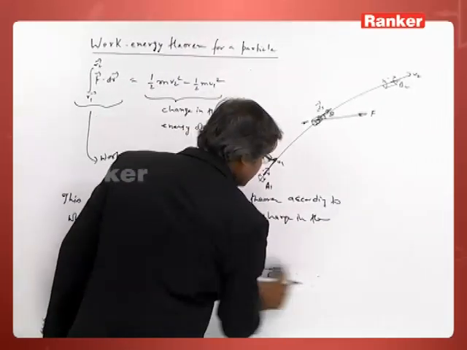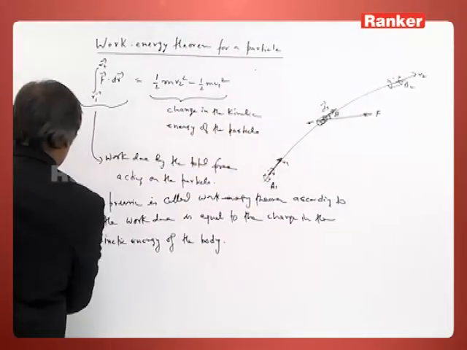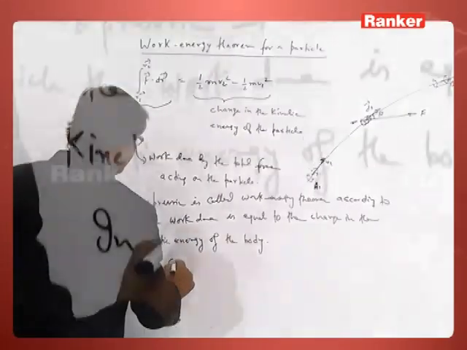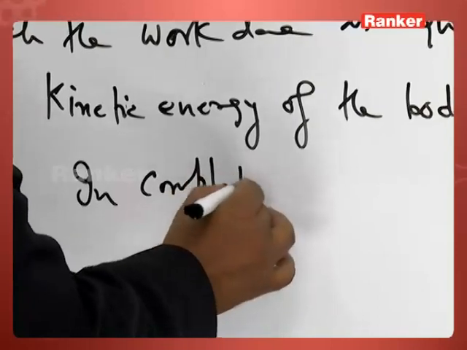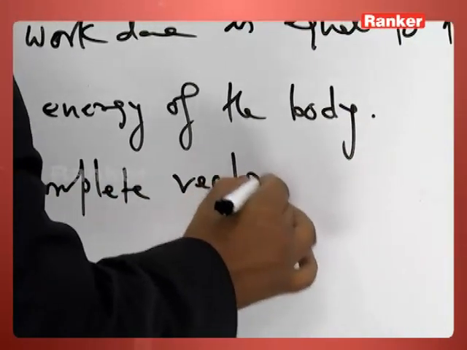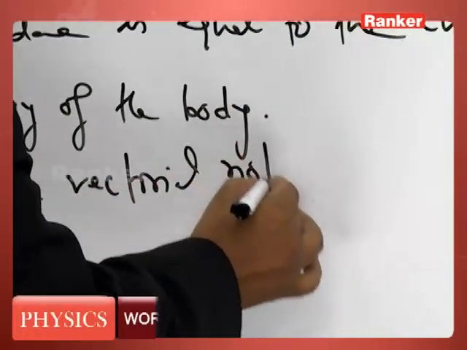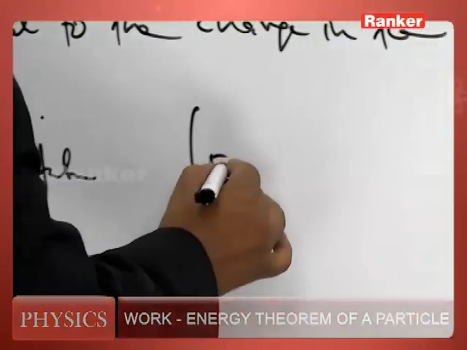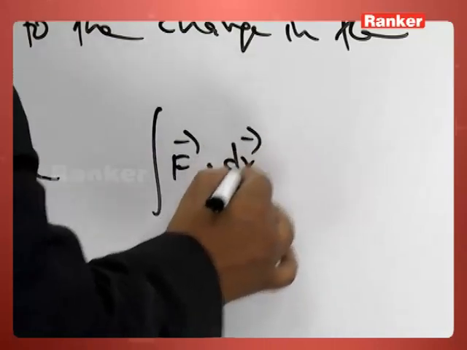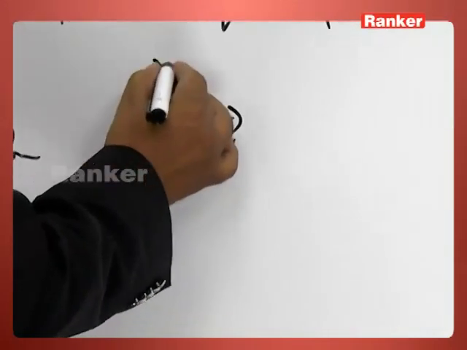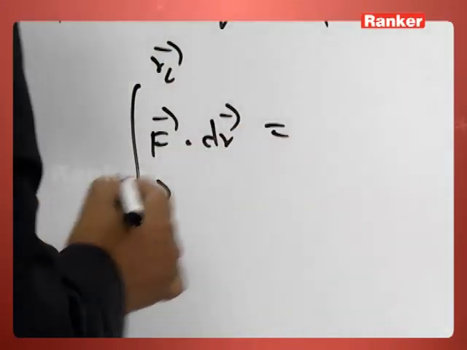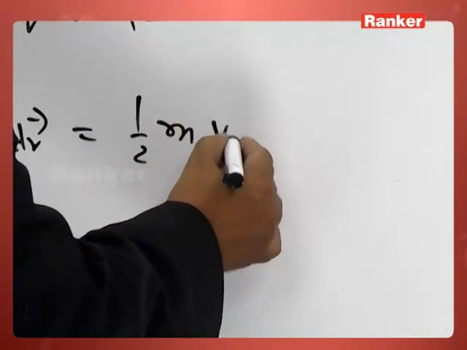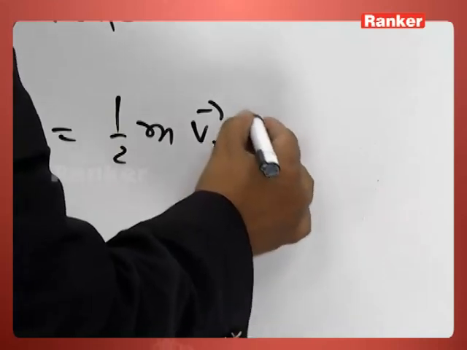Now this equation can be written in complete vectorial notation. This theorem is written as the integral of F dot dr from r1 position to r2 position vector is equal to kinetic energy, half m v2 dot v2.